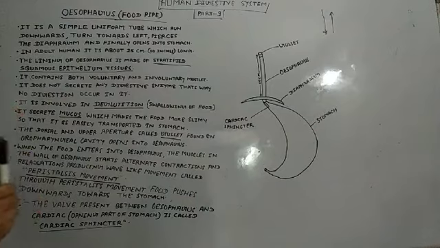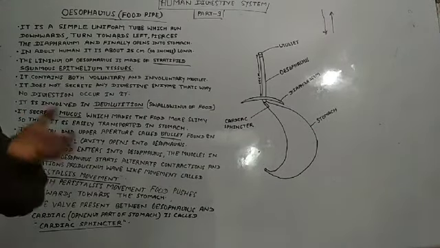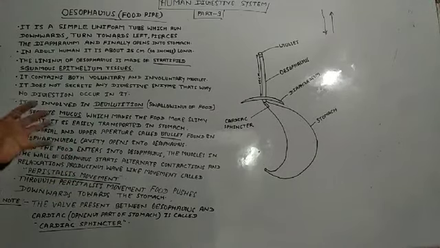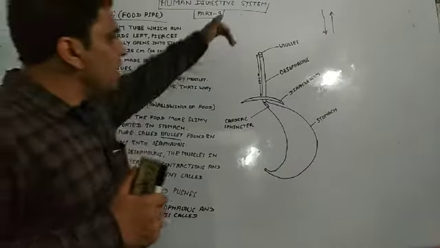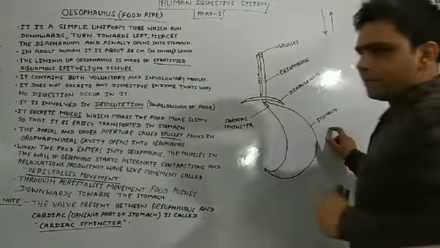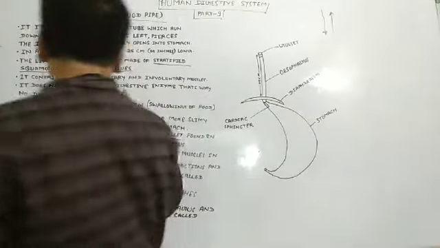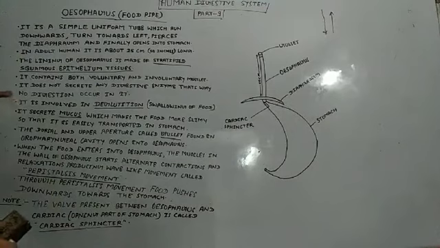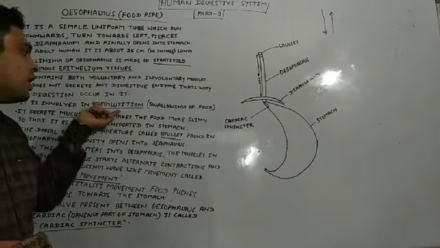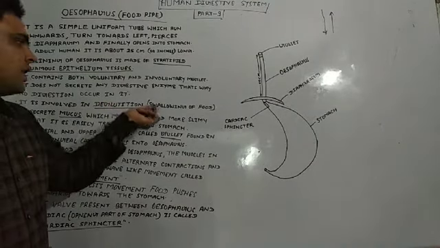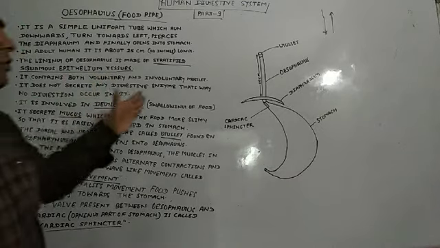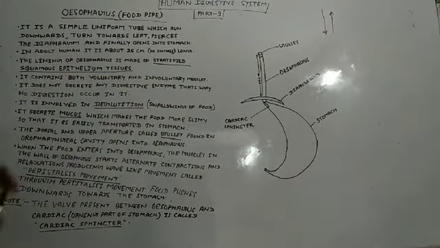It makes the food sticky, which is why the food is easily moved into the stomach. So it does not play an important role in digestion; it is involved in the action named deglutition. Clear, students? Deglutition is the swallowing of food. You must know what deglutition is. Come to the next point.